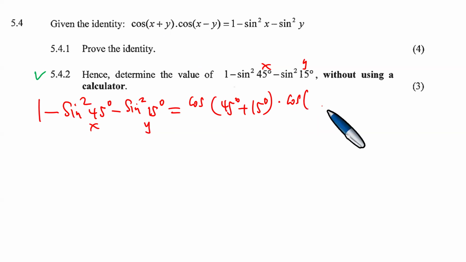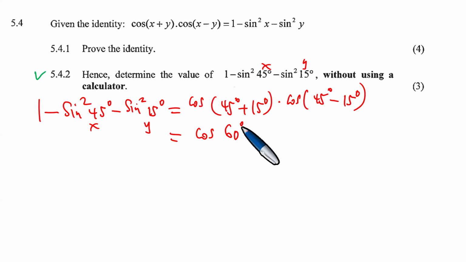So it's 45 minus 15 degrees, like so. Now at this point, we're able to find the summation. What is 45 plus 15? It's exactly 60 degrees, right? And 45 degrees minus 15 degrees yields 30 degrees, as written.